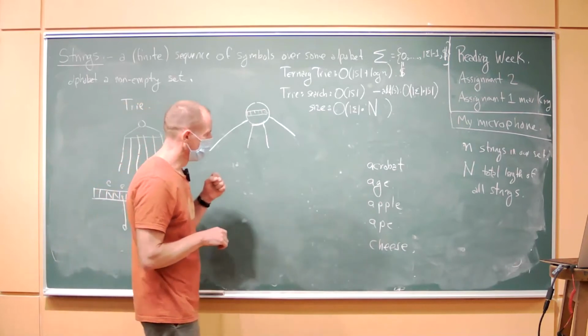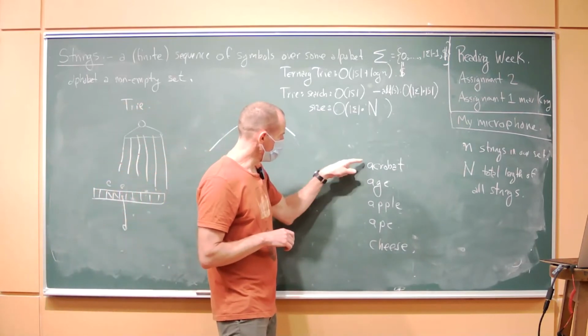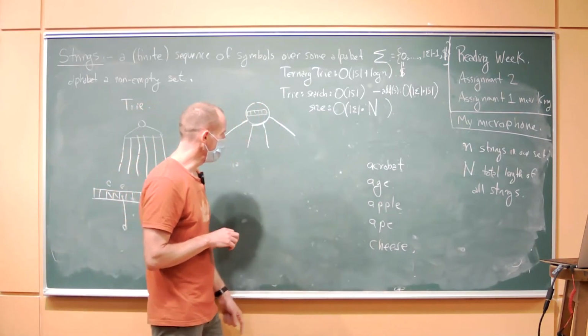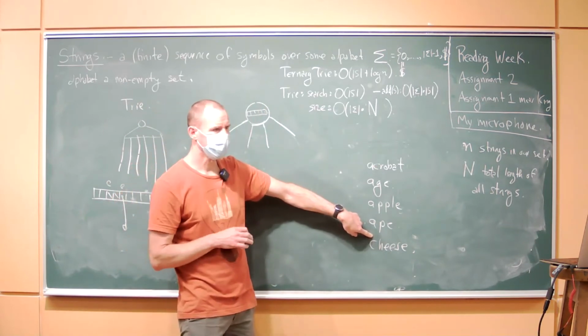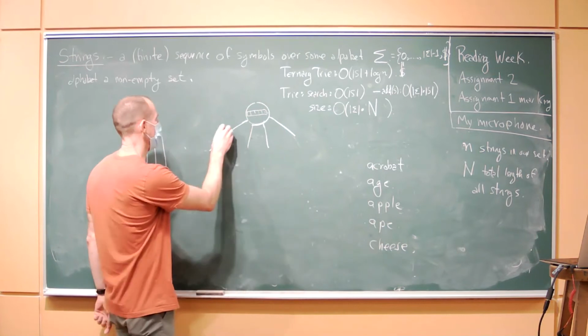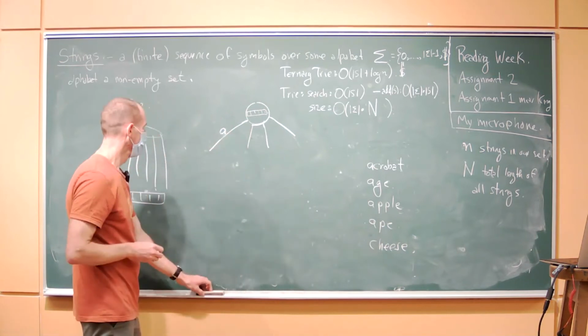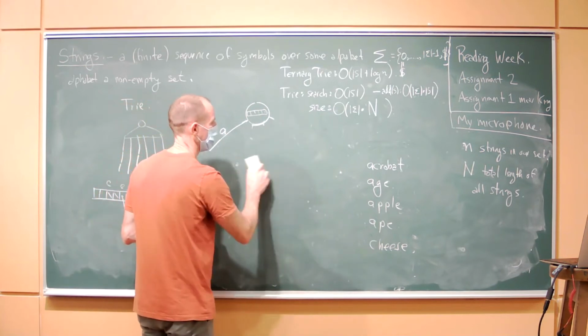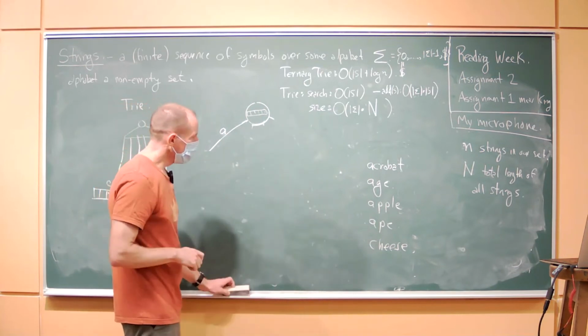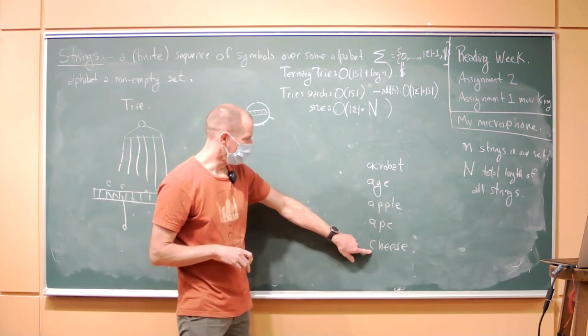So here we have some strings that start with A, but then they start to differ immediately. So we'll have a child with an edge labeled A. And then we have one other string left.